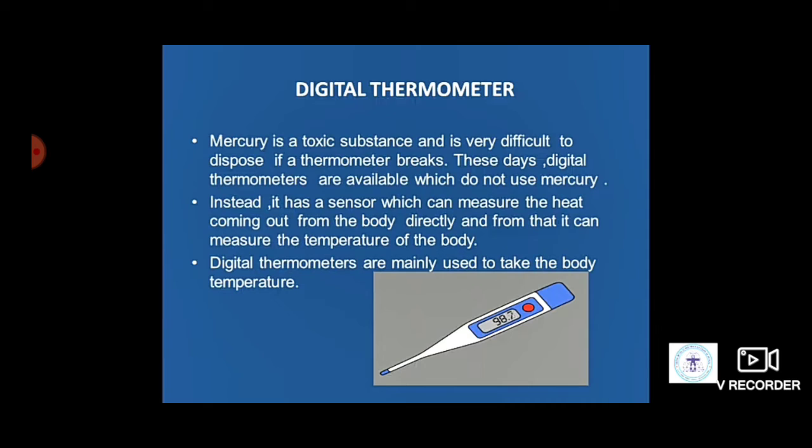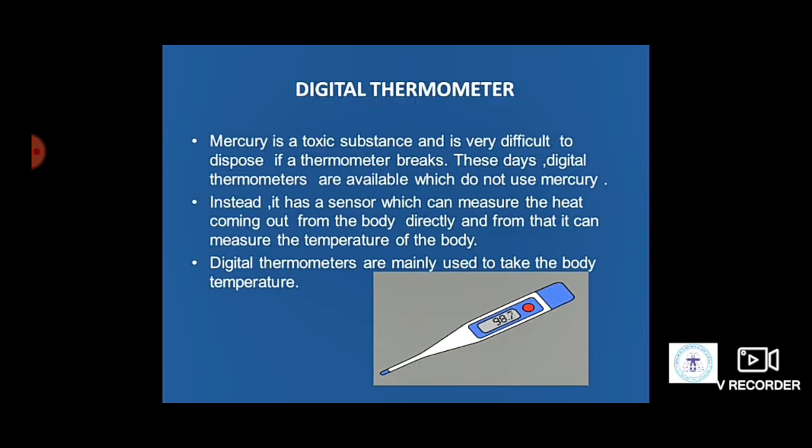Next, we will look at the digital thermometer. Mercury is a toxic substance and is very difficult to dispose of if a thermometer breaks.